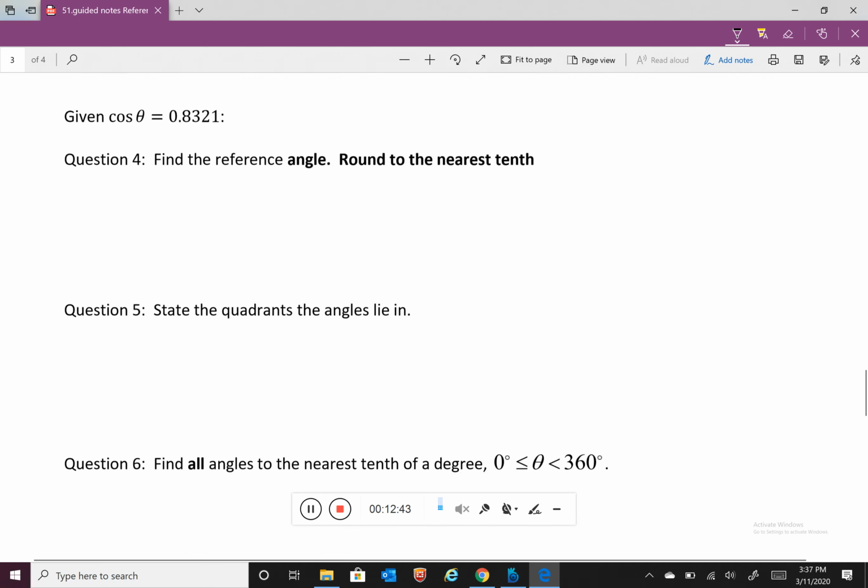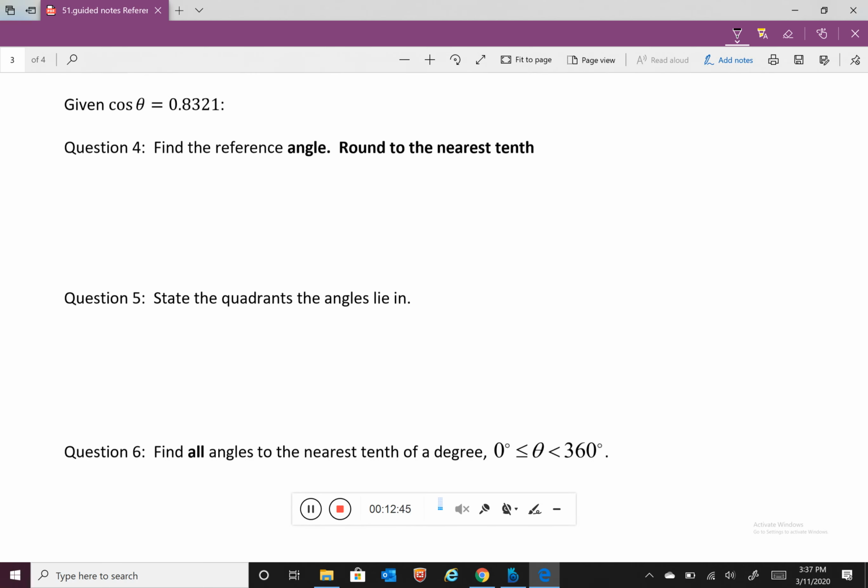You have 3 questions. Given cosine of the angle equals 0.8321, find the reference angle and round to the nearest tenth. Given cosine of the angle is equal to 0.8321, state the quadrants the angles lie in.